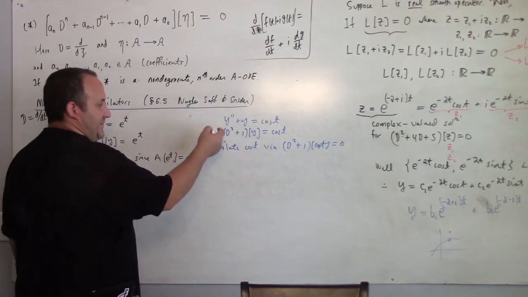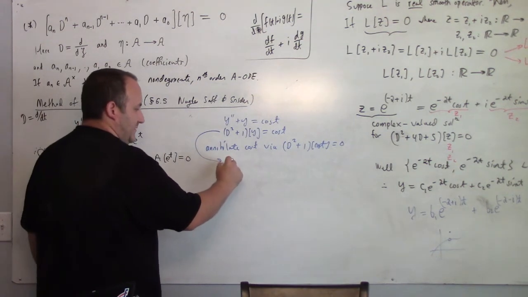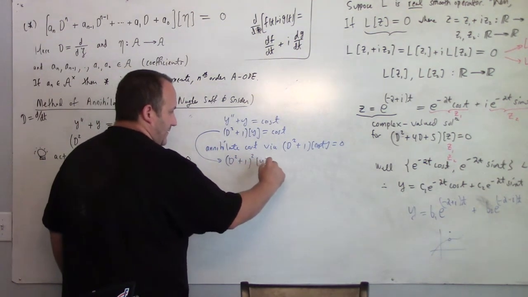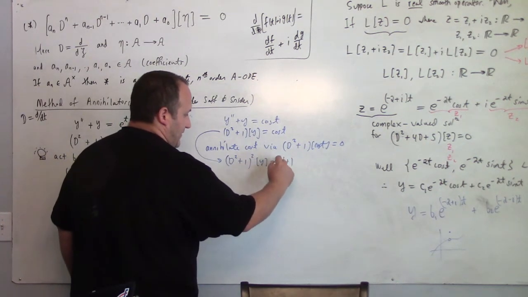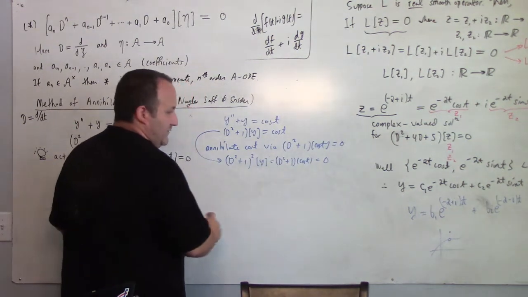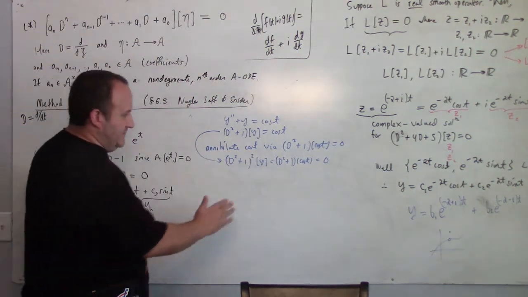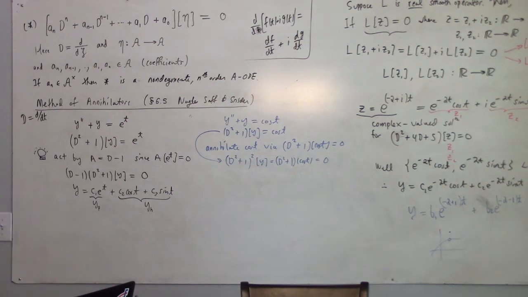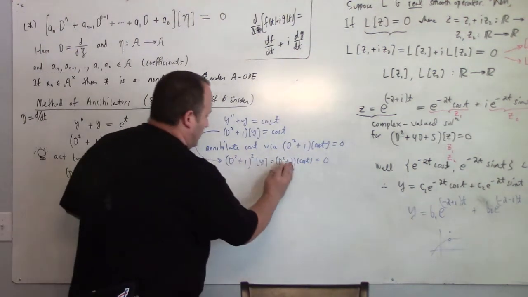So I act on the differential equation by D^2 + 1. I get (D^2 + 1)^2 y = (D^2 + 1) cos t, which is 0. Let me not even write down that step. Let me just put 0 here.